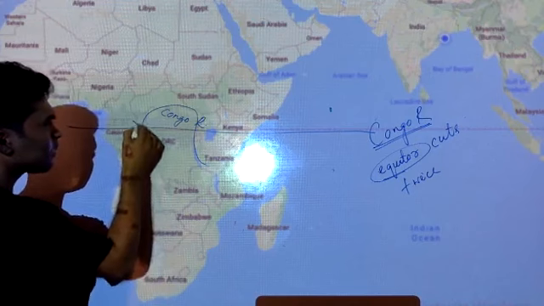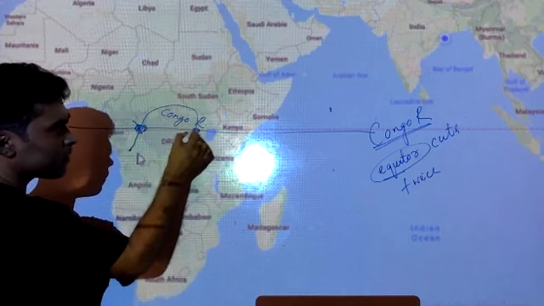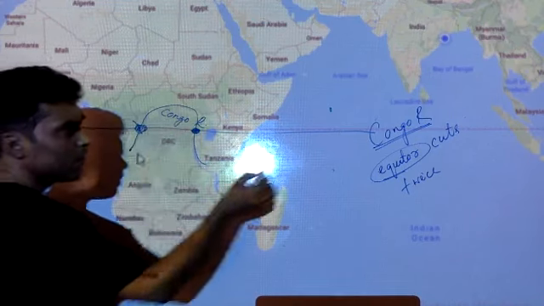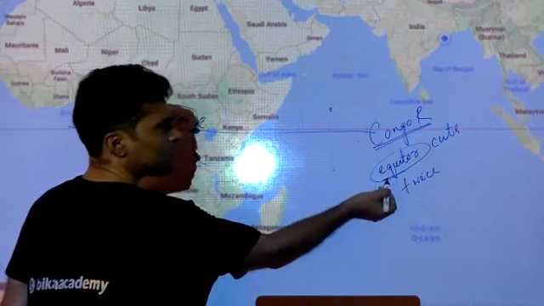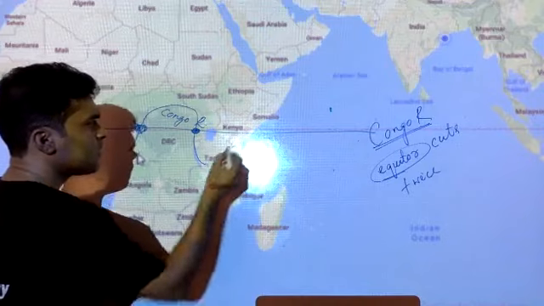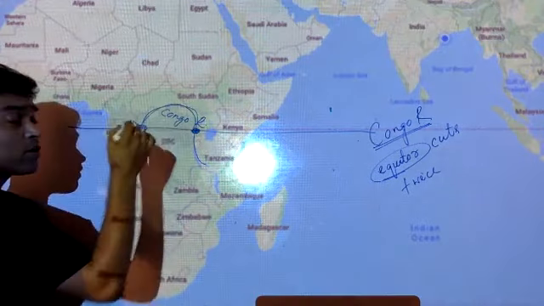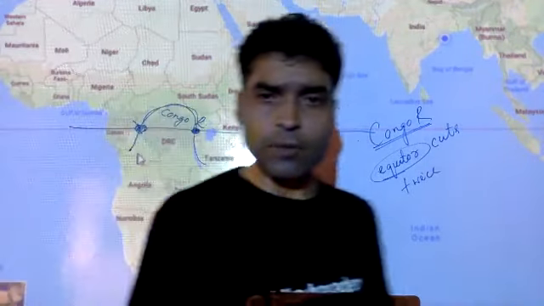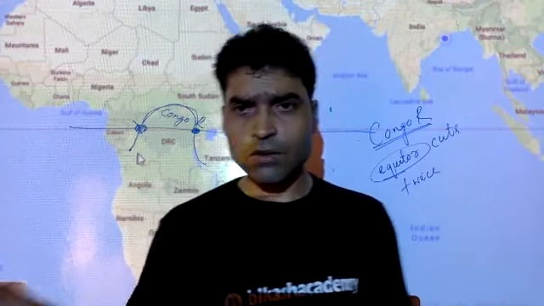It is cutting one point here and it is cutting this point also. That means the Congo River is cut by the equator twice. Anyway, just understand the concept. The equator cuts the Congo River twice. This point you should keep in mind from an exam point of view.